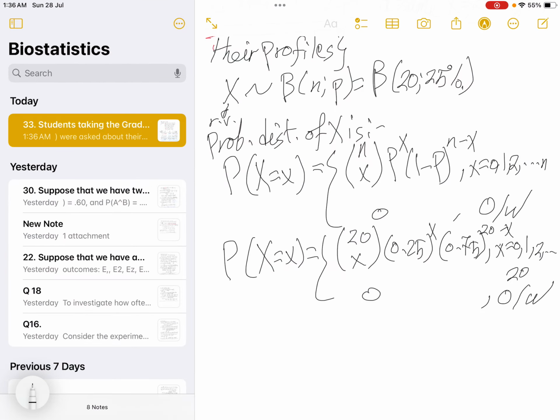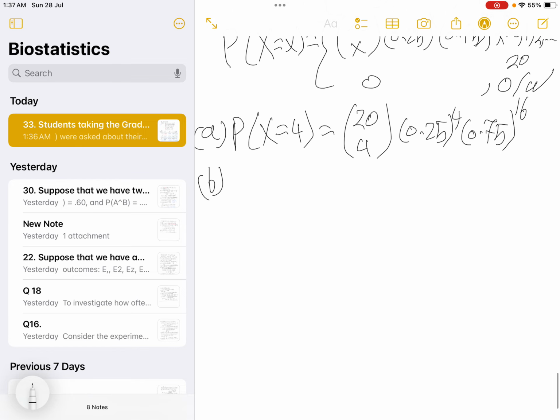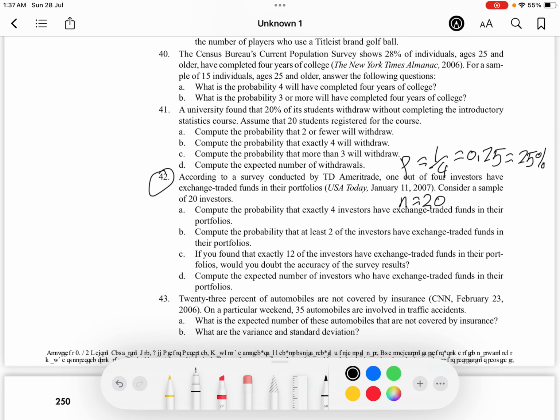Part A, probability X equal 4, which means 20 over 4, 0.25 to the power 4, 0.75 to the power 16. And don't find the last answer. I don't need it. Part B, compute the probability that at least 2 of the investors have exchanged traded funds in their profile.